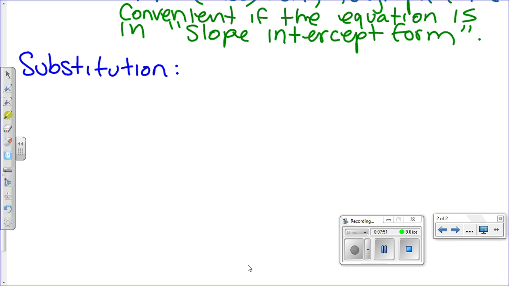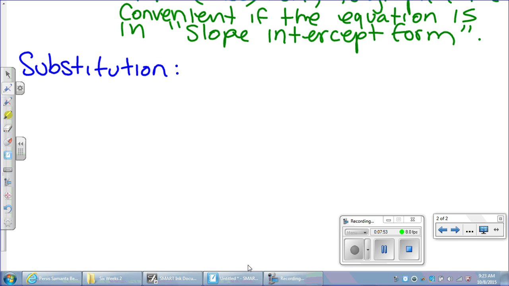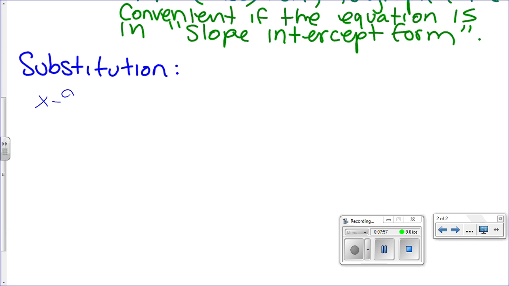Okay, so the example is going to be the following. x minus 9y is equal to 51. That will be my first equation. So I'm going to label them as equation number 1, and the other one will be equation number 2. My second equation will be 3x plus y, and that is equal to 13.